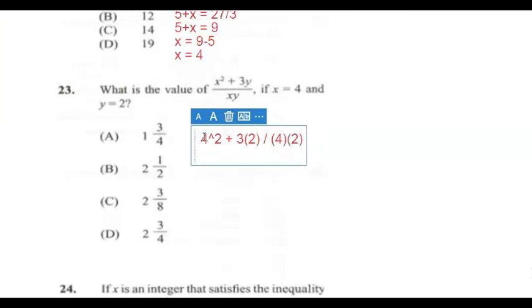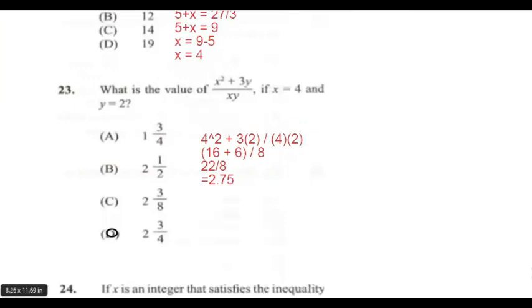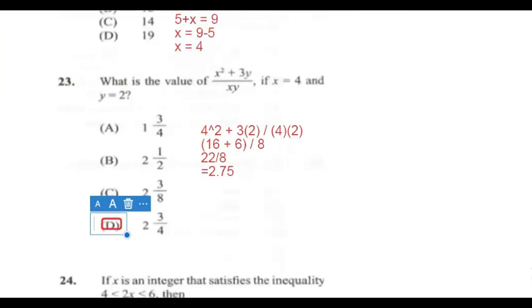So it becomes 4 fours are 16 plus 2 threes are 6, and all of that is divided by 8. So it is 16 plus 6 to give us 22 divided by 8. So 22 divided by 8 is equal to 2.75, and as we know, 0.75 is the same as 3/4, and therefore the answer is D, which is 2 3/4.